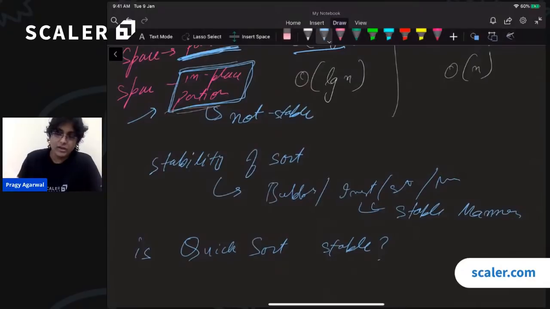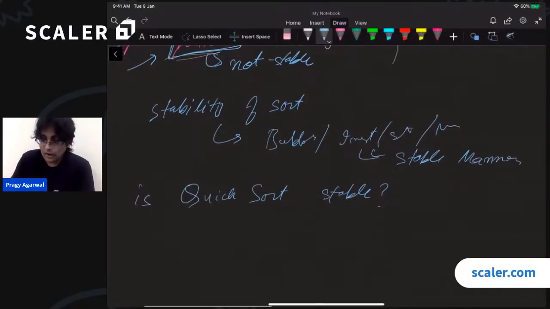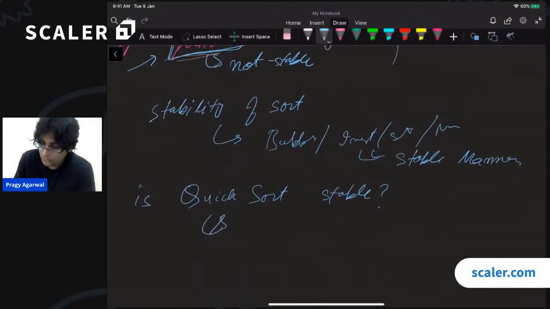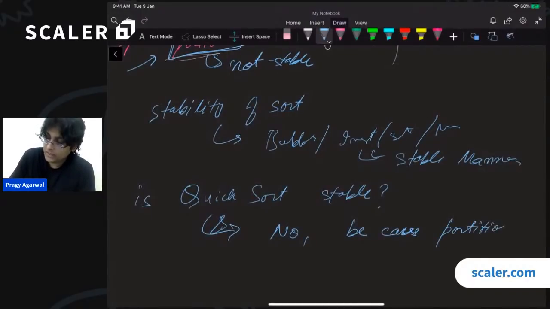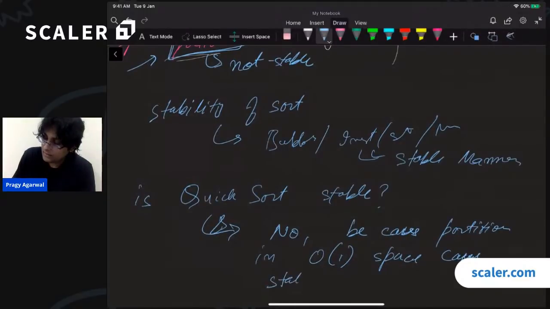If your partition algorithm uses constant memory, then it cannot be stable. Is that clear? So the general answer for is quicksort stable is no, because partitioning in O(1) space causes the stability to break.